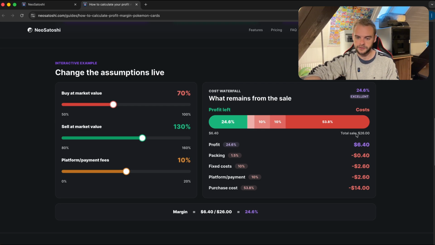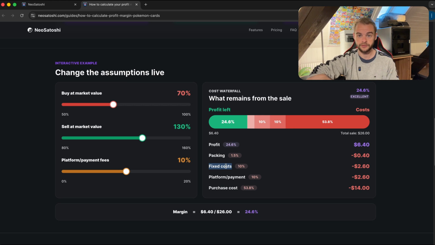And so we have then the costs of $14 where we buy the card. So this is the card price if we buy at 70%. Then platform fee 10% is $2.60. Then now an important thing is the fixed costs. If you have a business, you will also have fixed costs. For me, it's for example a postal address which I need for my business, which I need to pay every month.